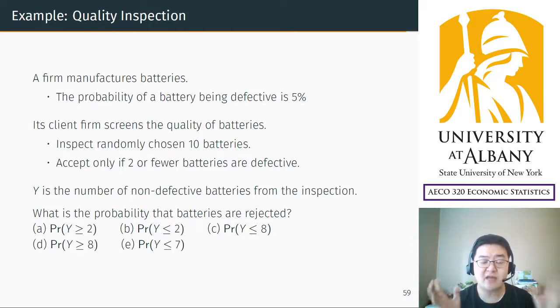So when inspecting 10 batteries, if 3 batteries are defective, they are going to reject your shipment, right? Do you understand? Then I am going to define the random variable Y as the number of non-defective batteries, good quality batteries, from the inspection. Out of 10 inspected batteries, Y is the number of non-defective ones. Then what is the probability that your batteries are rejected?